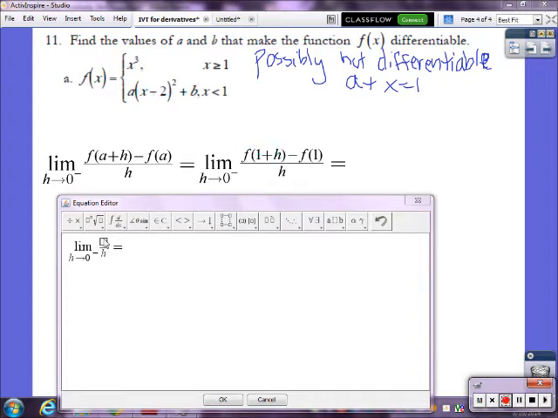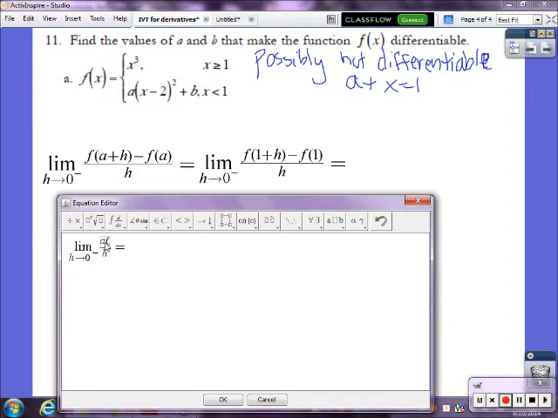So I have a, and then I have x, which would be 1 plus h, and then I have this minus 2 here, and then parentheses, and that's all squared. So I need to make that all squared.